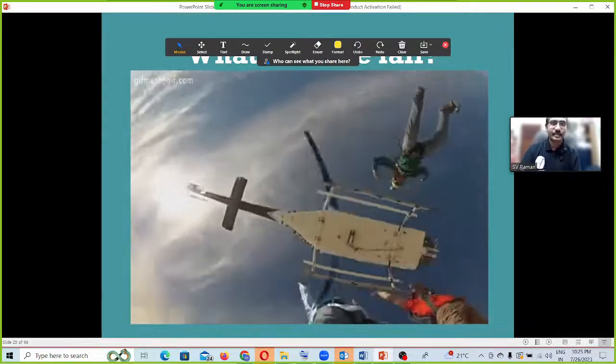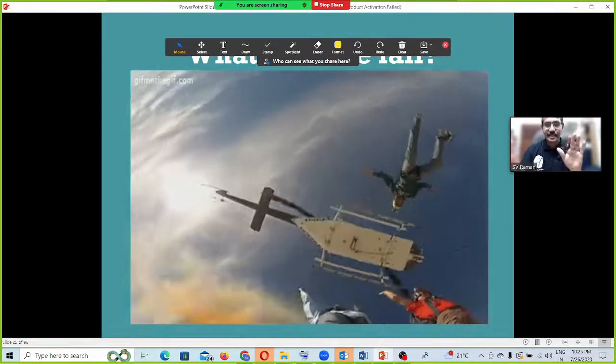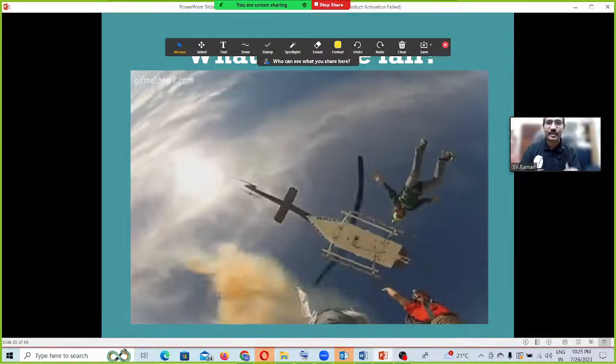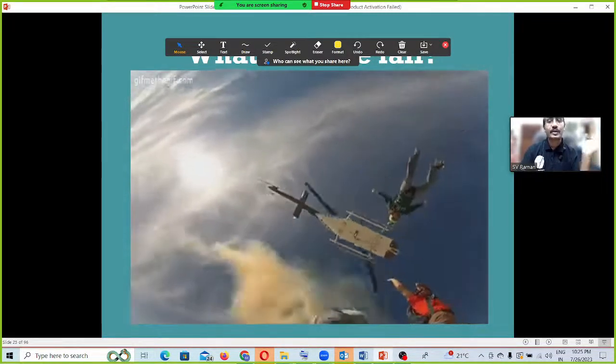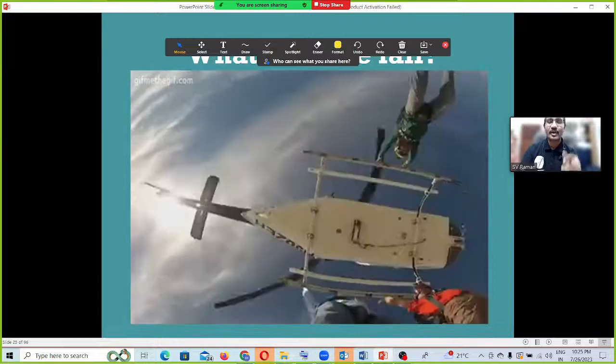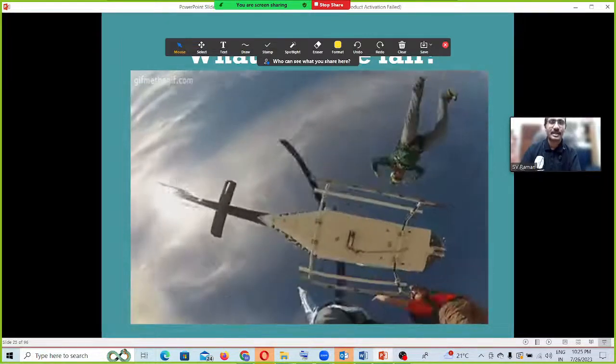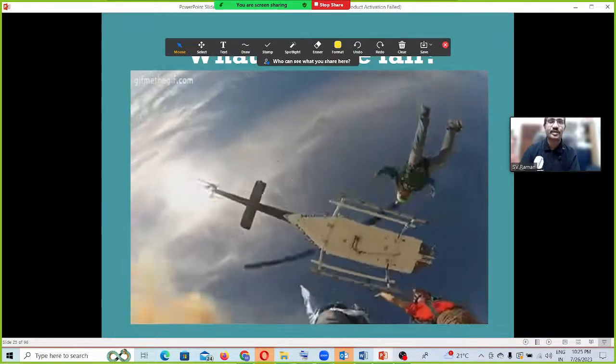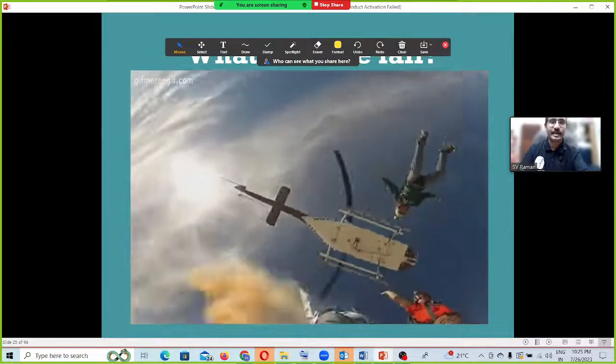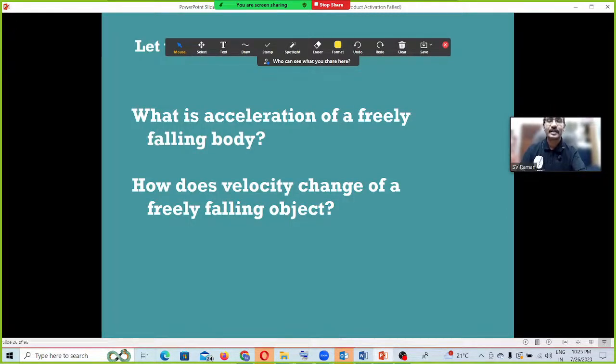Due to air pressure, the leaf falls down. It's not a free fall. Without any force, without any air pressure, if the leaf falls down, that is free fall. Clear? So we can say that without applying any force, if an object freely falls, that is free fall.